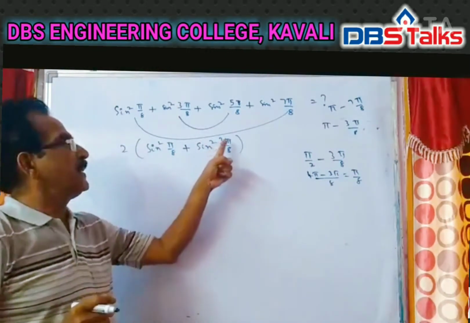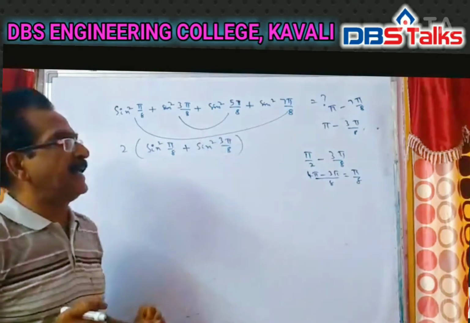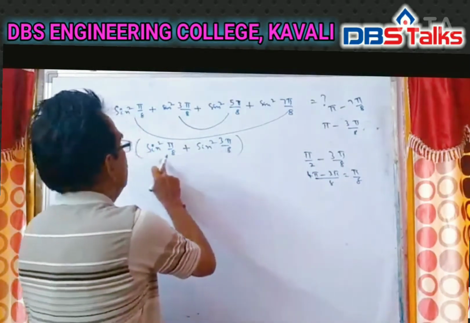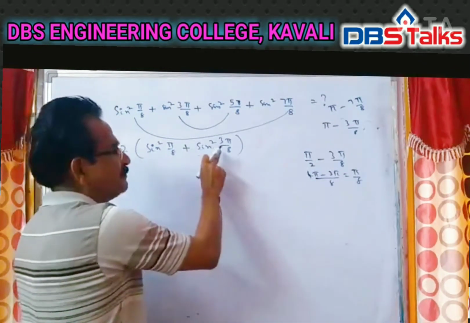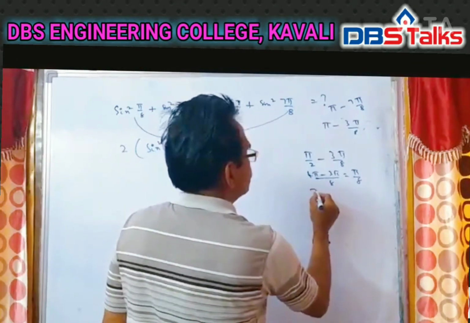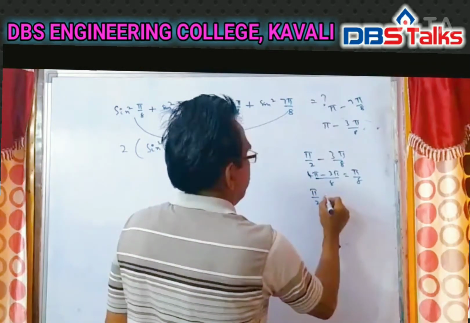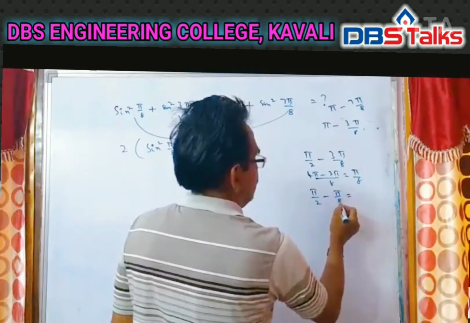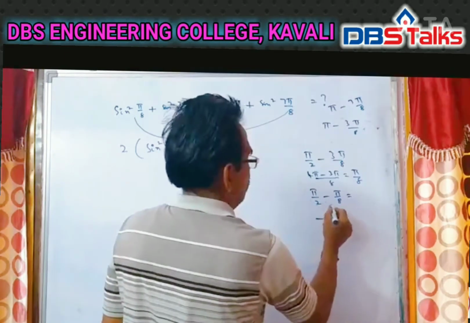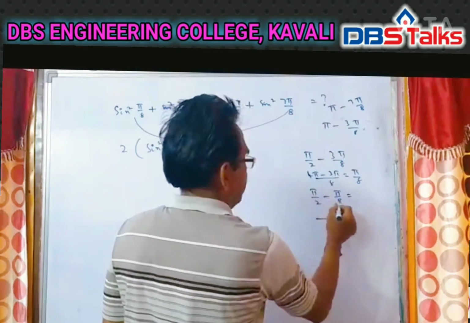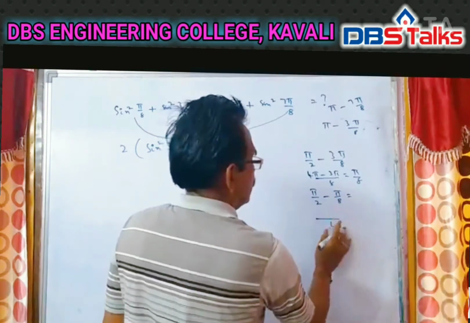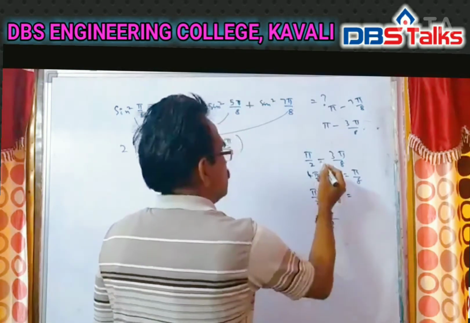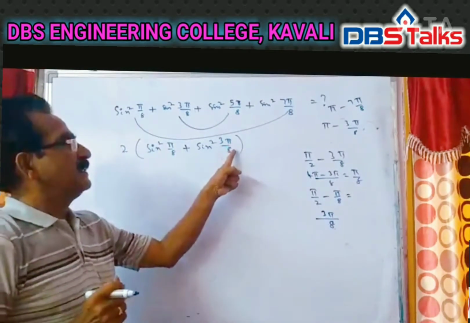Sine square 3 pi by 8 can be written as pi by 2 minus pi by 8. LCM 4, 4 pi minus pi, 3 pi by 8.